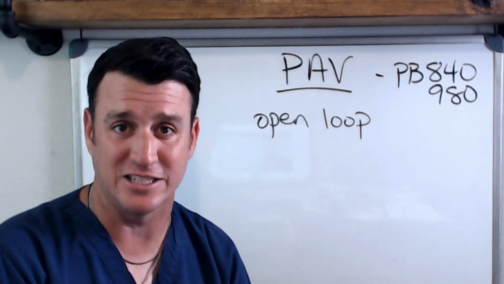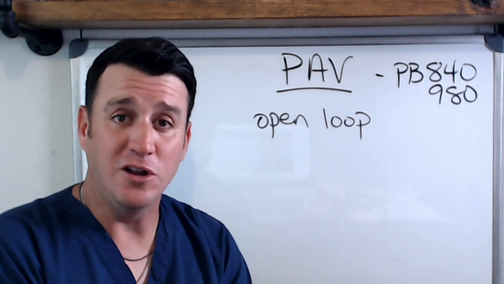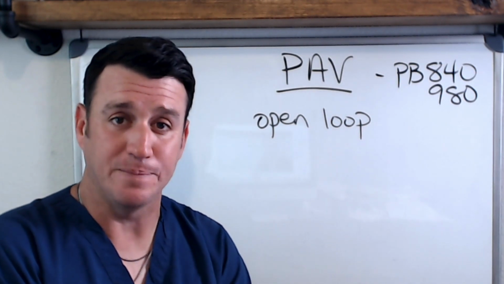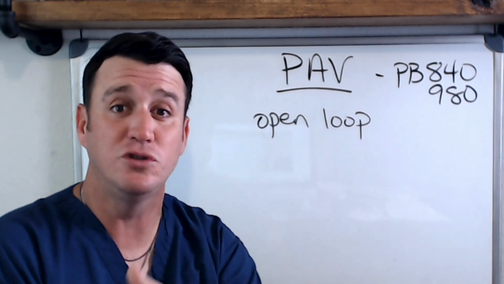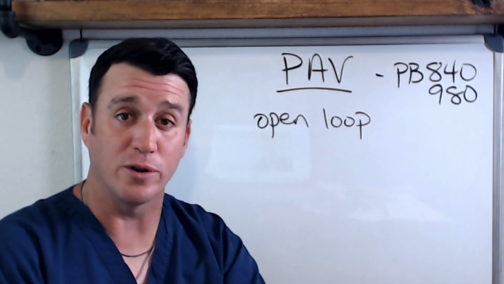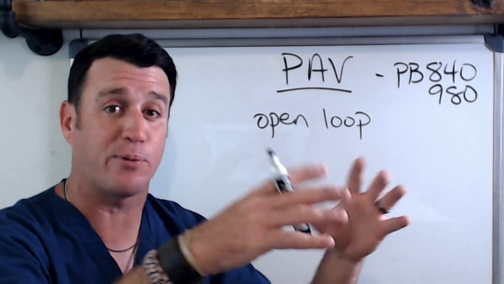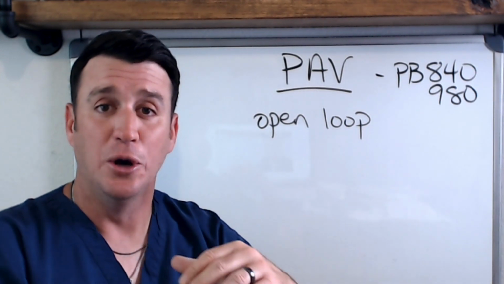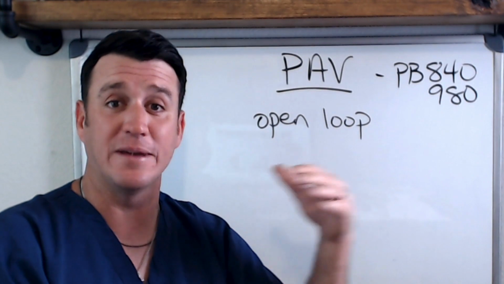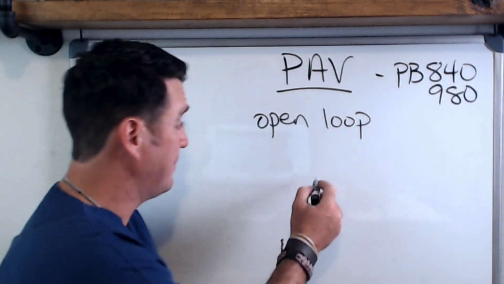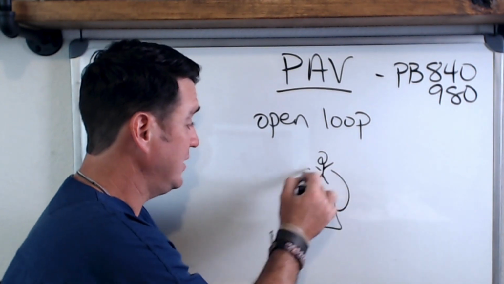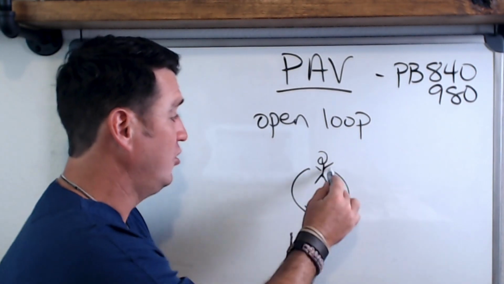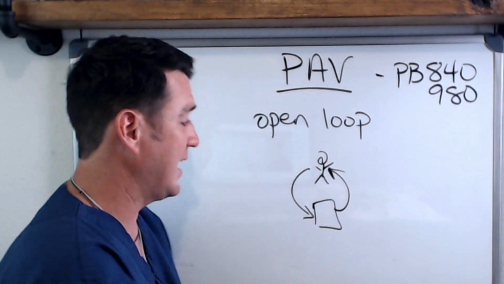And it simply means this: open loop forms of mechanical ventilation take feedback from the patient and then do something different. So they're told to operate within these guidelines, but with the feedback coming back from the patient, it makes a complete circle from the vent to the patient. This is open loop form of mechanical ventilation.